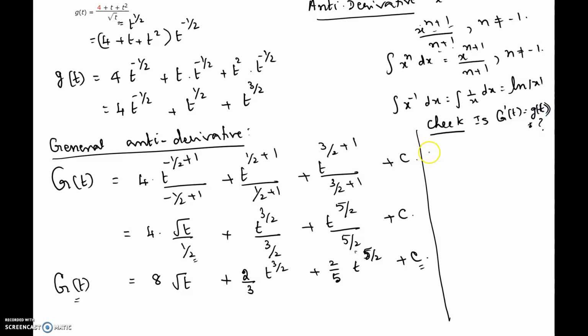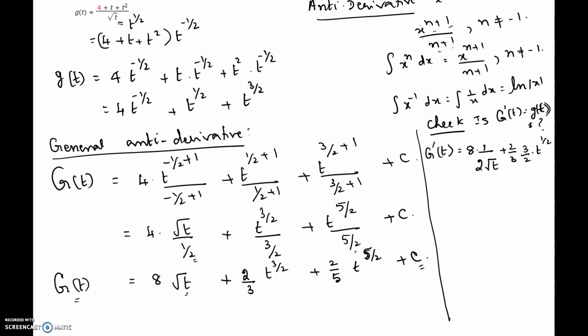So let's take the derivative of uppercase G. Now it is 8 times the derivative of the square root of t, so it's 1 over 2 square root of t, plus 2/3 times the derivative of t to the power 3 halves, so it is 3 halves t to the power 1 half.